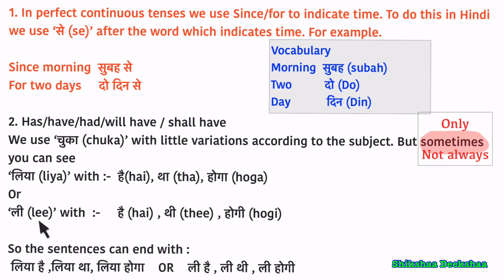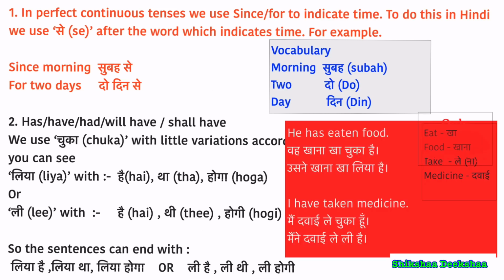And we treat li as feminine gender. So after li comes hai, thi or hogi, present, past or future. So whenever for these helping verbs we have liya or li in the sentence, it can end with liya hai, liya tha, liya hoga, li hai, li thi, li hogi.